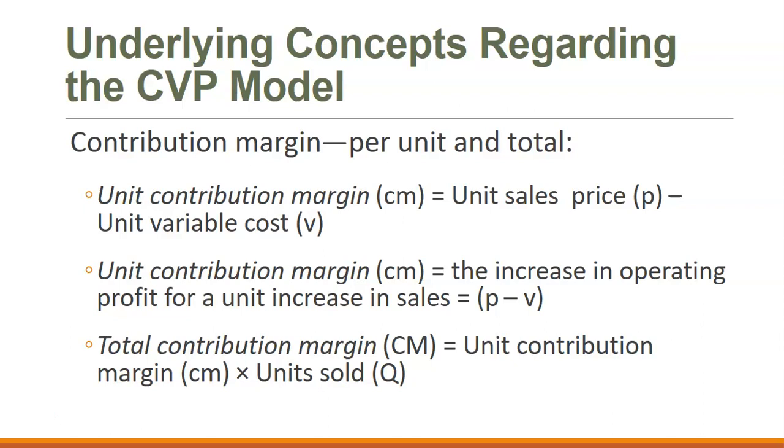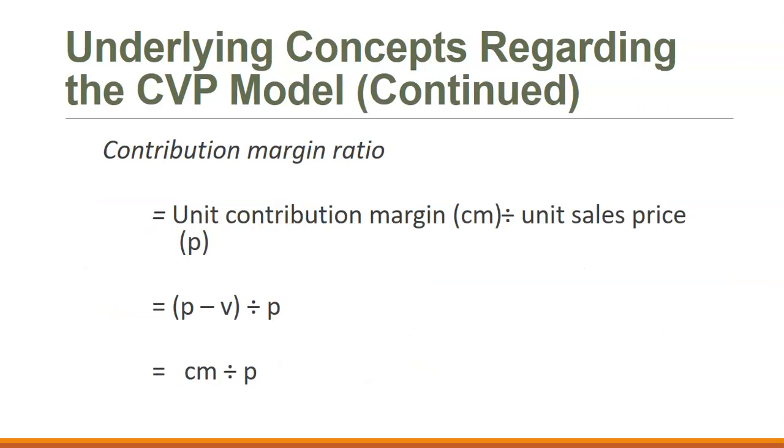The unit contribution margin is the increase in operating profit for a unit increase in sales. And the total contribution margin is our unit contribution margin times the number of units sold. For a contribution margin ratio, this is contribution margin divided by unit sales price.